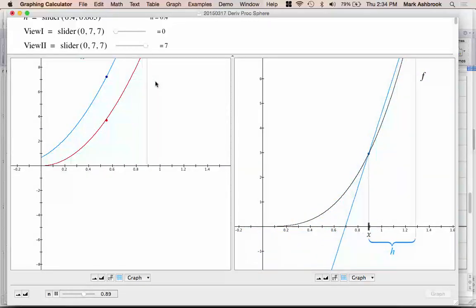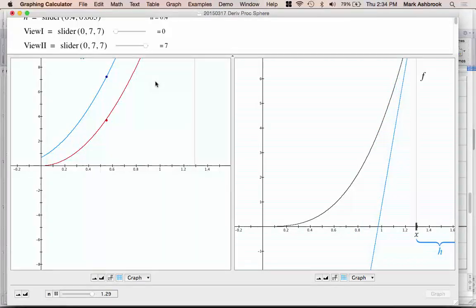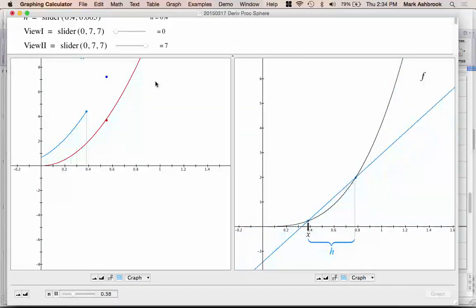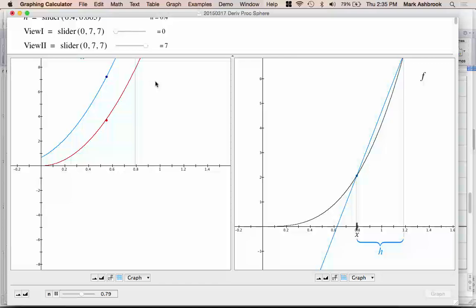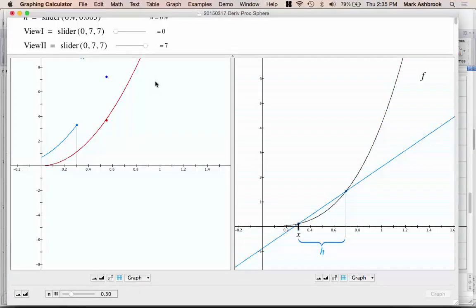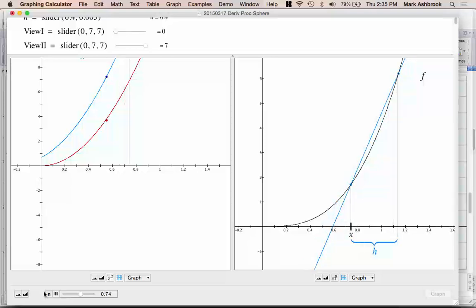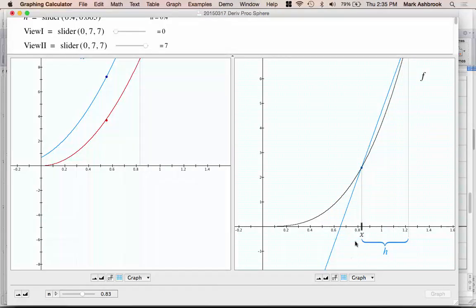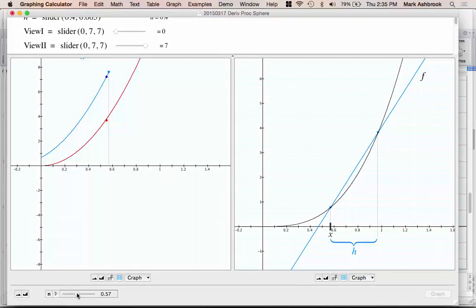The red curve is our exact rate of change. The blue one, based on the blue secant line, is our approximate rate of change. So what we want to do now is write, and I'm going to call this R2, R2 for approximate rate of change in approach 2.